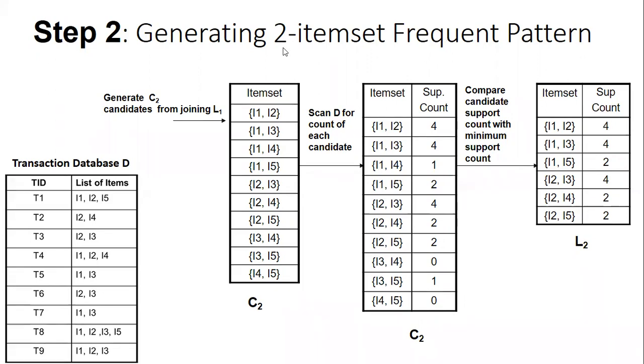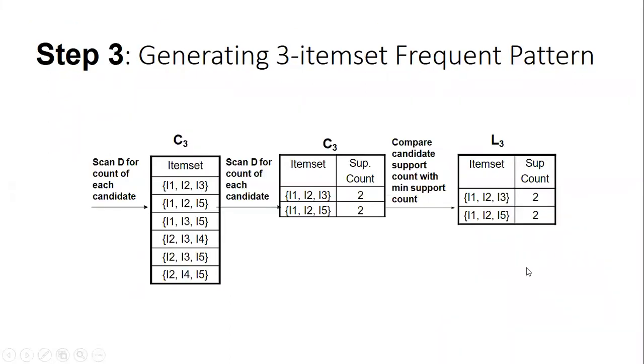Next we have to go for L2 join L2. When we join L2 with L2, we'll get the three item sets. Here we have six candidate three item sets, but I have taken only two here, not all, before finding the frequent item set. Why?